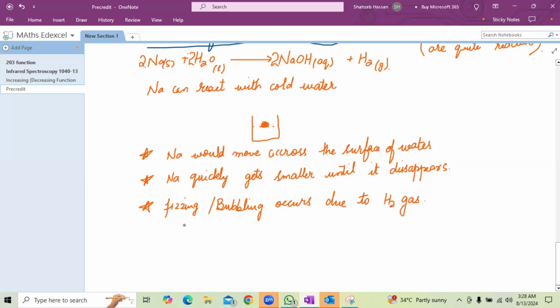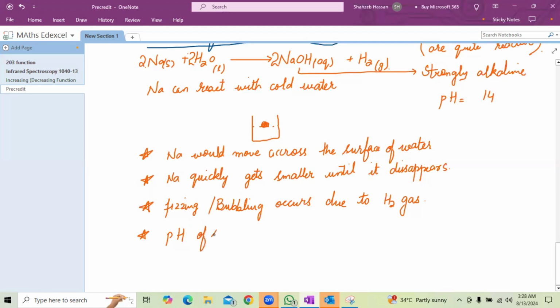So what would be the pH of the solution? Remember, sodium hydroxide is strongly alkaline. This is strongly alkaline, and if it is strongly alkaline, its pH would be 14. Is that clear?